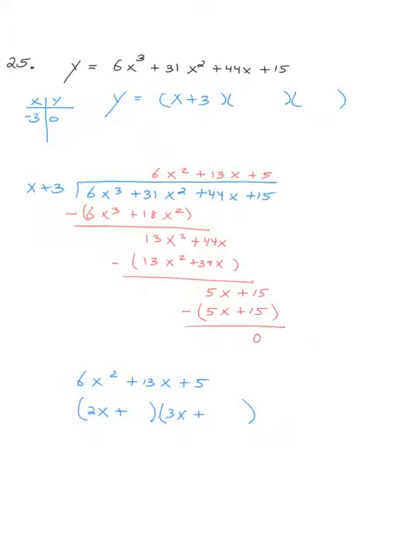And then I guess I'd have to have a 1 and a 5 or a 5 and a 1. I just want to make sure I put those 2 numbers in the appropriate place, so it multiplies to give me a 13x. If I put 5 here, I get 10. If I put a 1 here, I get 3, and 10 and 3 is 13. Okay, so that's plus 1 and plus 5. Those are my other 2 factors.